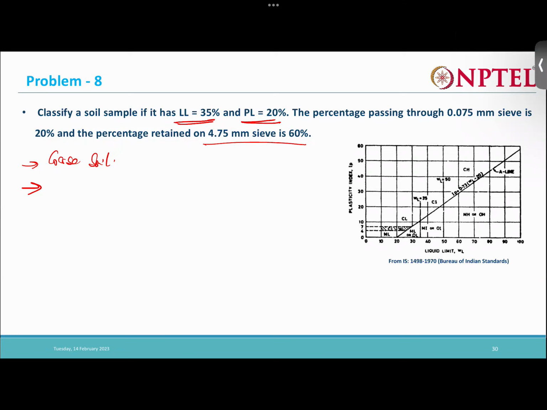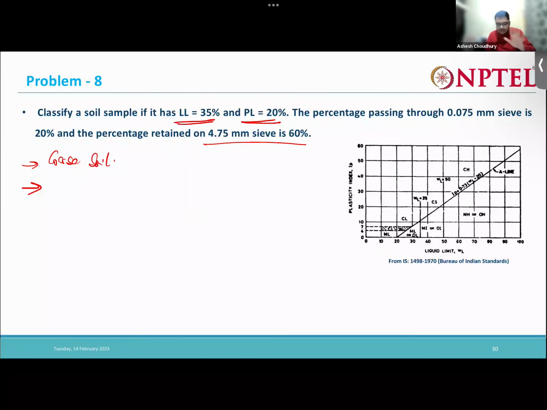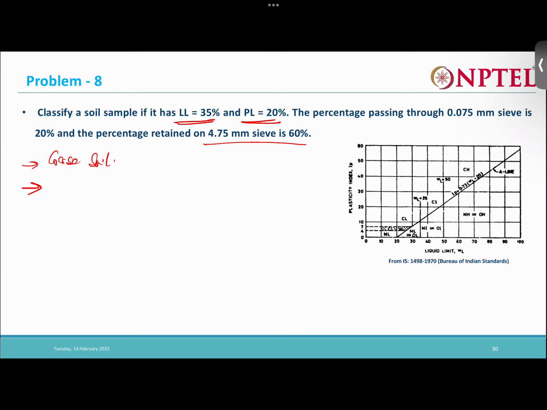If the size of the grain is between 4.75 mm and 75 micron, it is sand. If the size is from 80 mm to 4.75 mm, it is gravel. Here 60% is retained on 4.75 mm, right? So our soil is gravel.